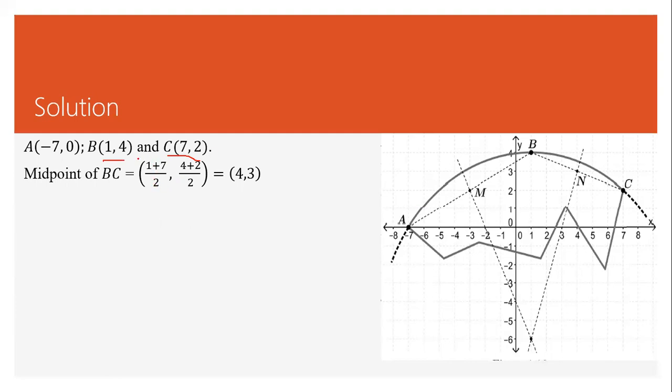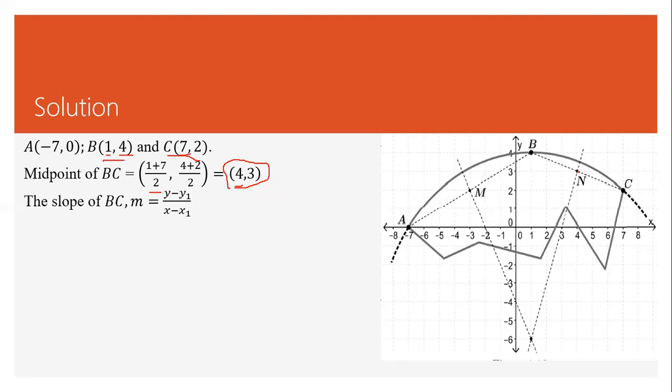So 1 plus 7 is 8, divided by 2 is 4. And then 4 plus 2 is 6, divided by 2 is 3. So this is the coordinates of the midpoint of BC. Let's label it as point N at (4, 3).